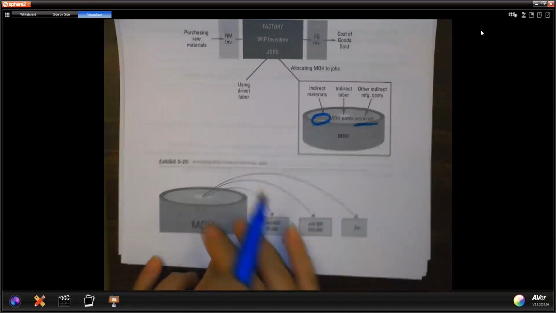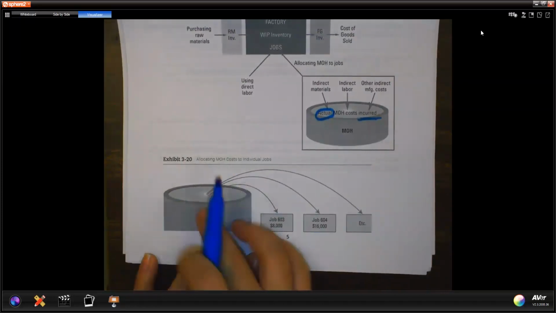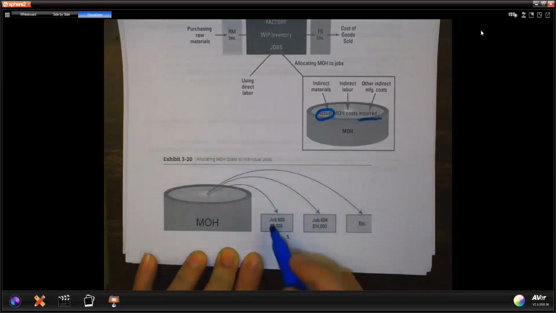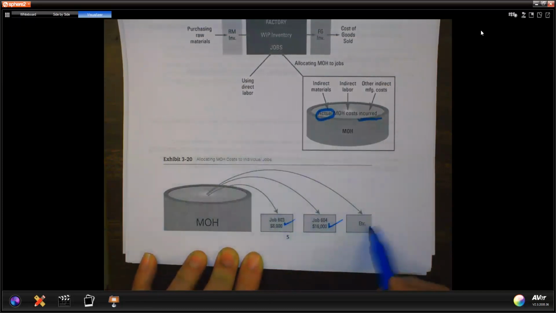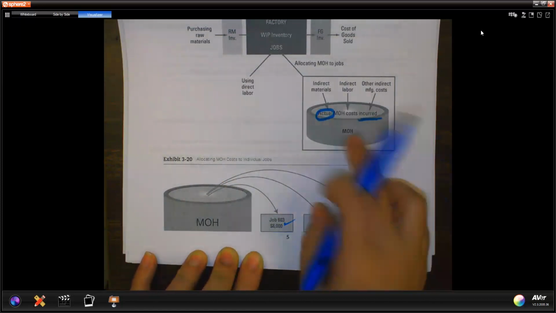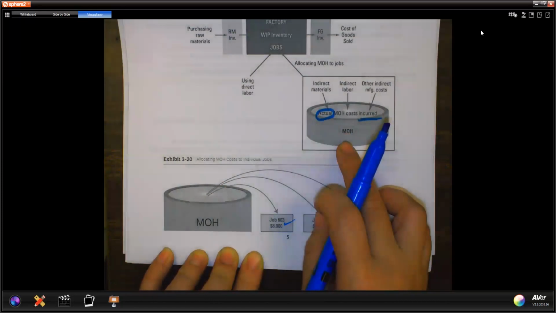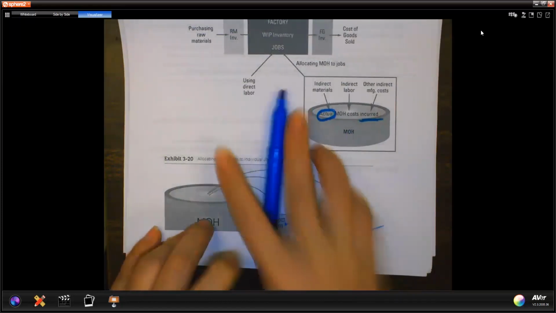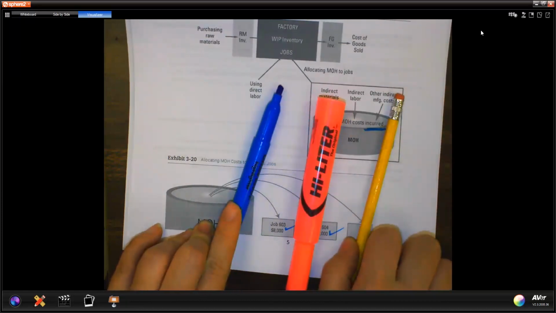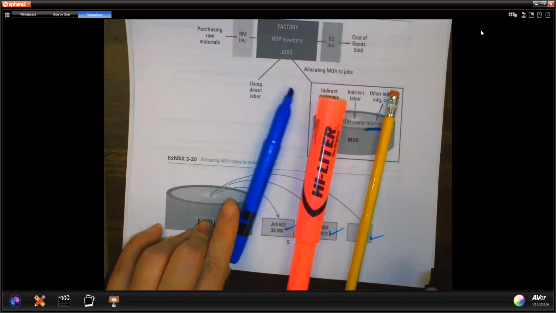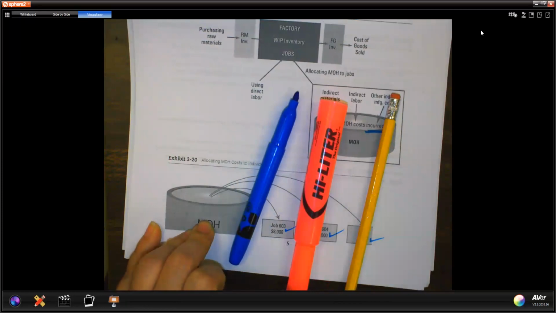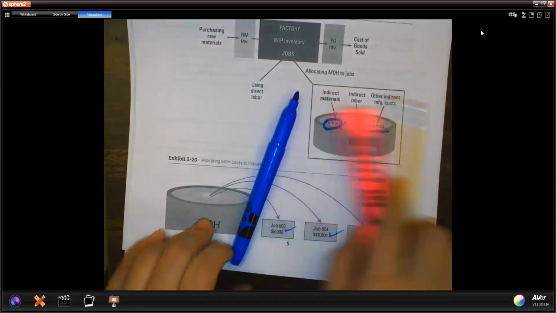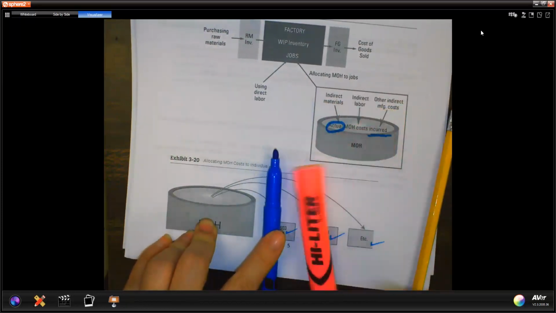Once you know your numbers, at the end you can allocate to this job, this job, this job. Because when manufacturing overhead is incurred, you don't really know if it's because of this job or this job. You cannot know. All you can do is hold all the actual numbers and wait. Later, it is allocated to this pen, and then to this pen.